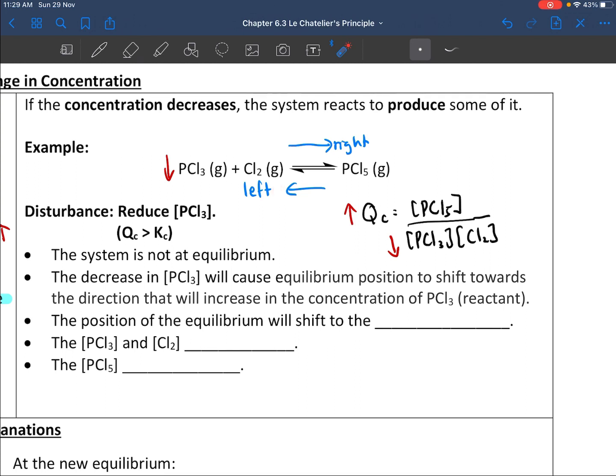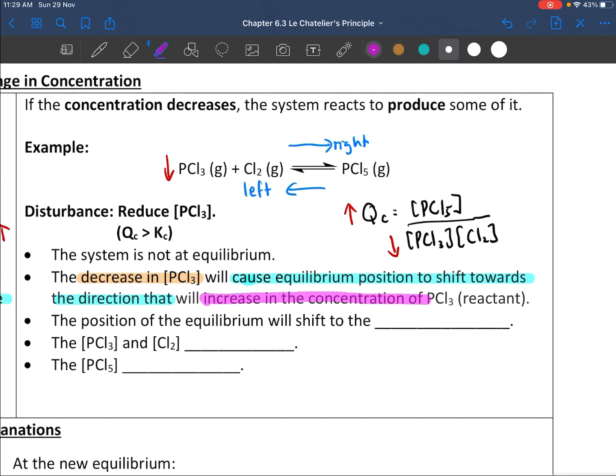Okay. So the decrease in concentration of PCl3 will cause the equilibrium position to shift toward the direction that will increase the concentration of PCl3.